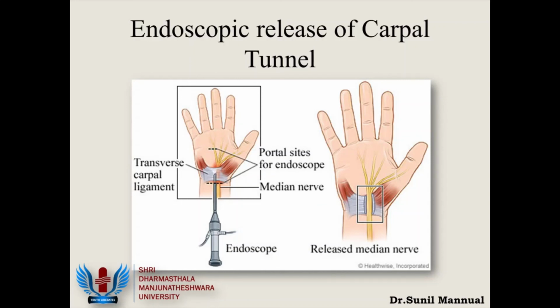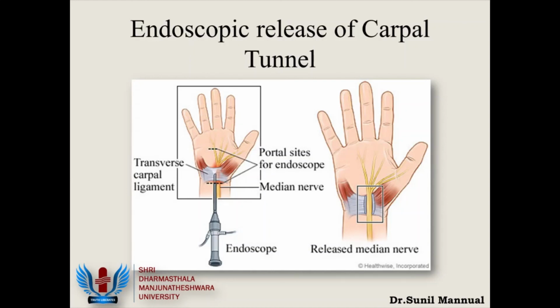Slide number 26 shows how an endoscope is being used to release the carpal tunnel. The great advantage here is there is no skin incision, and the patient can return back to activity, full activity immediately. So that is a good advantage of endoscopic release. However, there is a small disadvantage of doing a partial release or leaving some fibrous bands, because the surgeon is not very sure whether he has released completely.